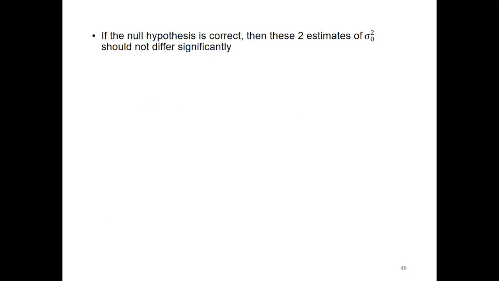Let's go and see what we can do. And again, we are going to perform a test, so we need to have a null hypothesis. The null hypothesis means these two estimates of sigma squared should not differ significantly. So the variance within sample and variance between sample should not differ significantly.